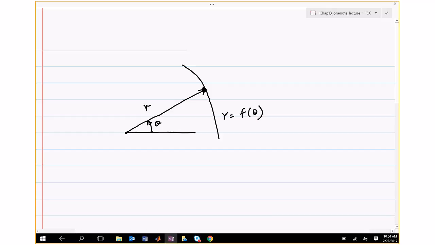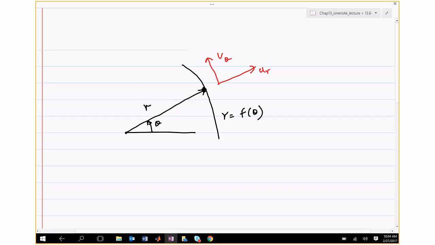So cylindrical coordinates are used when you can represent the curve along which the particle moves as r equals f of theta, and the coordinate system is ur in the direction in which the vector r is, and u theta is in the direction in which the particle is moving.